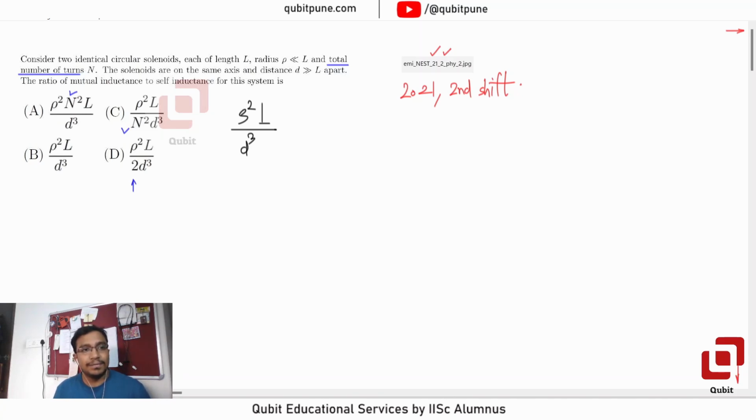Okay, so we have two identical circular solenoids of length L and radius rho much less than L and total number of turns N, and they are on the same axis. Suppose this is our axis. Suppose this is our first solenoid and suppose this is our second solenoid.